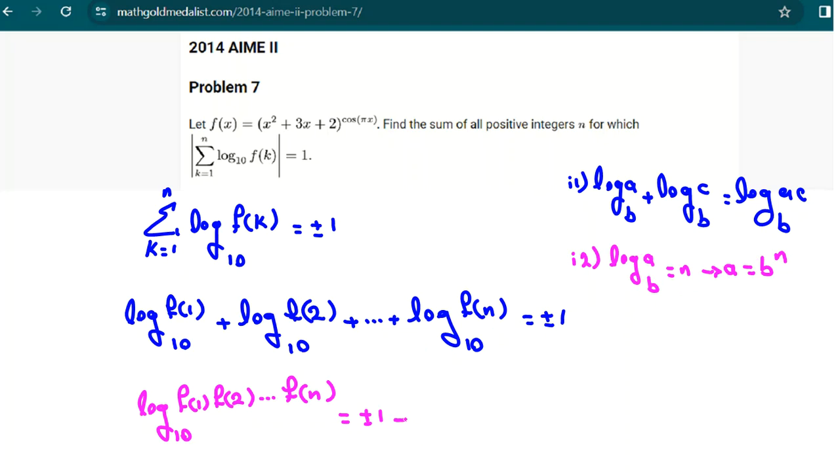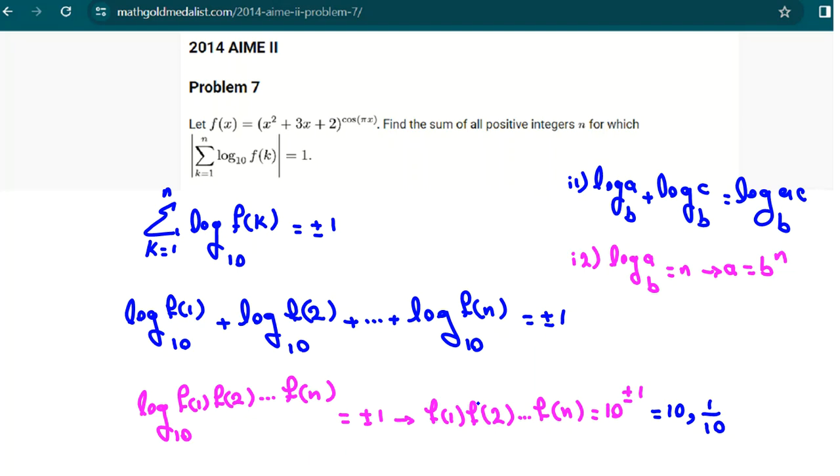Okay, so here we can conclude f of 1 times f of 2 up to f of n is 10 to the plus minus 1. So 10 to the 1 is 10, 10 to the negative 1 is 1 over 10.